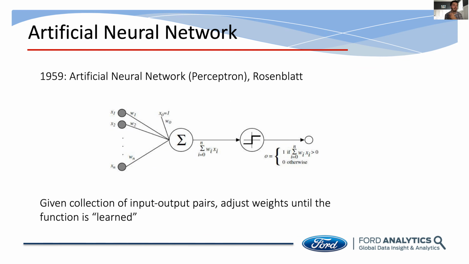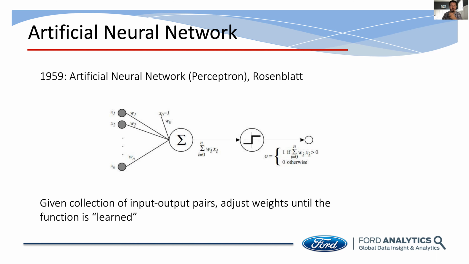In at least some simple examples, you could show explicitly how you would go through this process of learning. So learning in this case means finding the right weights so that inputs will give you the expected output. In this case, just a binary output.